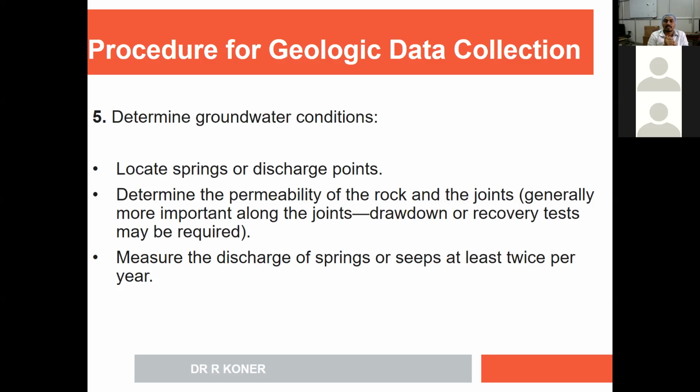And along with that, this discharge is related to the permeability of that particular rock mass. Then you have to determine the permeability or hydraulic coefficient of that particular rock. And if the site is very sensitive, you can plan the measurement twice, thrice like that.